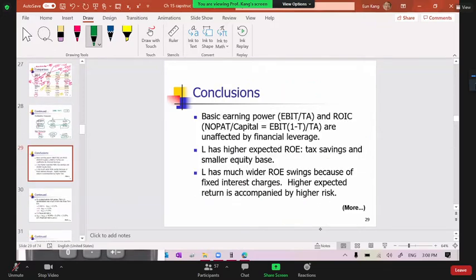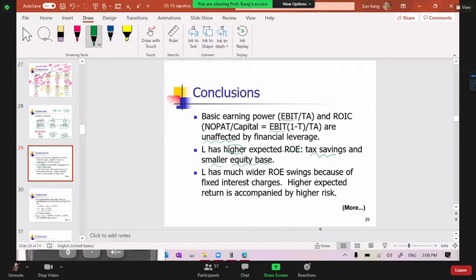So here are the conclusions. Basic earning power and ROIC are unaffected by financial leverage because you use EBIT. EBIT is before interest, so financial structure doesn't affect these numbers. And L has higher expected ROE because of tax savings and a smaller equity base.